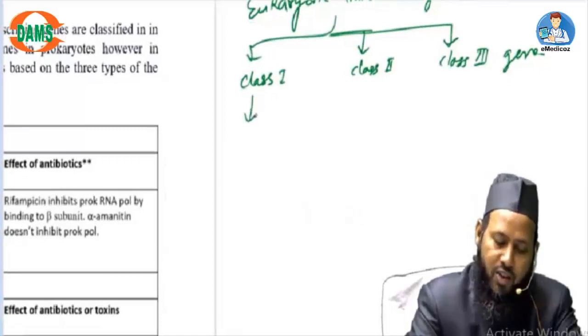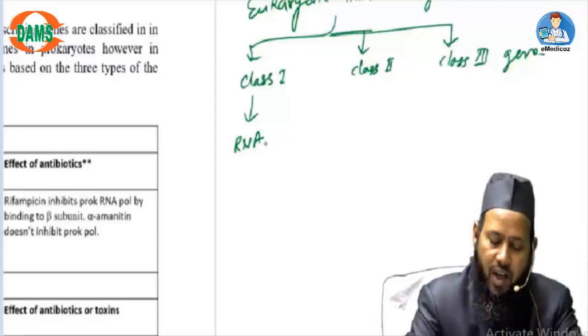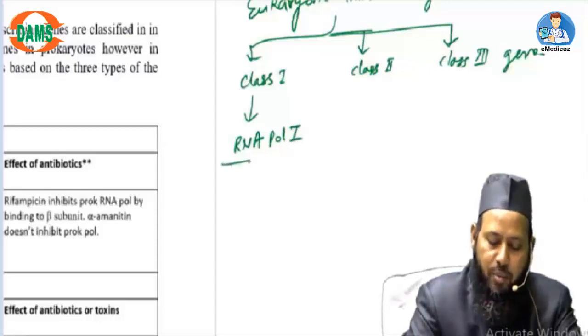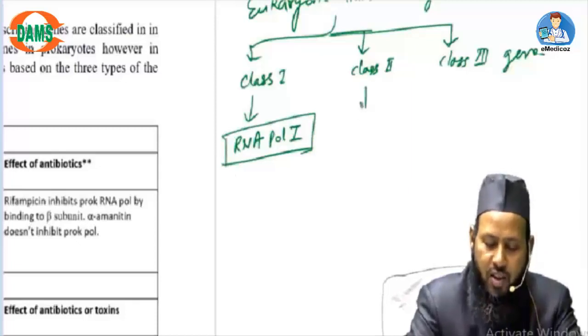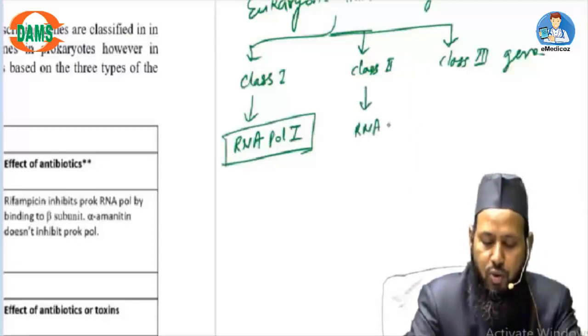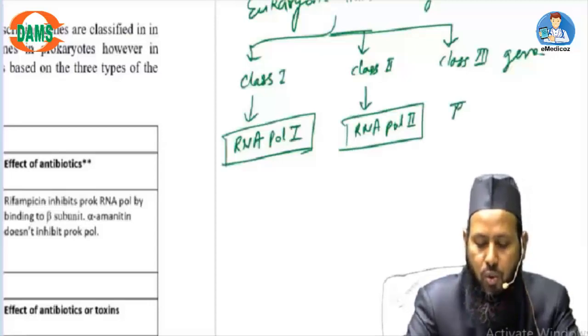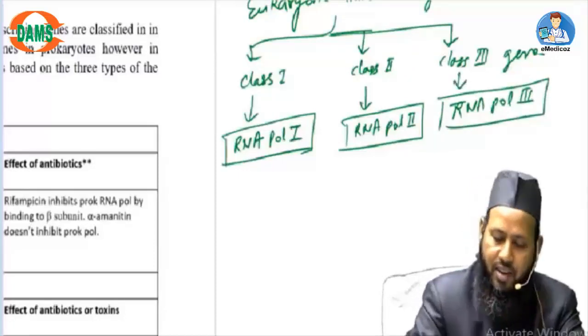The genes are categorized on this basis: by which RNA polymerase they are transcribed. So the genes which are transcribed by RNA pol 1 are called class 1, those transcribed by RNA pol 2, RNA polymerase 2, are called class 2 genes, and those transcribed by RNA polymerase 3 are called class 3 genes.